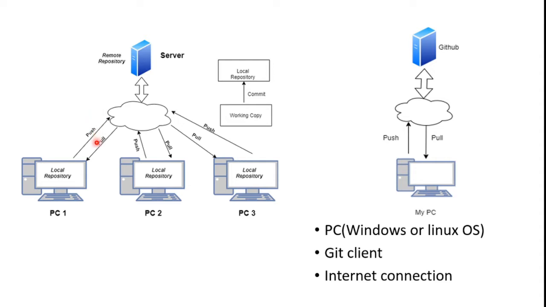In a distributed version control system, there will be a local repository created on the developer machine. That is why there is no need for a server connection while committing the code into the local repository.